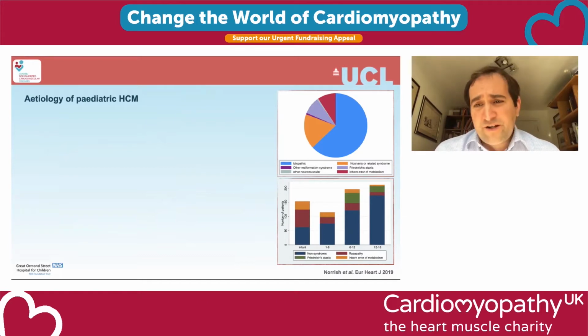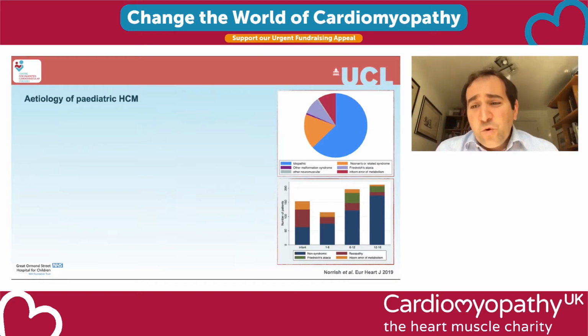For hypertrophic cardiomyopathy, this is data from a national UK cohort study that we published last year. And we showed that most children diagnosed with hypertrophic cardiomyopathy don't have a secondary cause for their cardiomyopathy. So it's a primary hypertrophic cardiomyopathy.